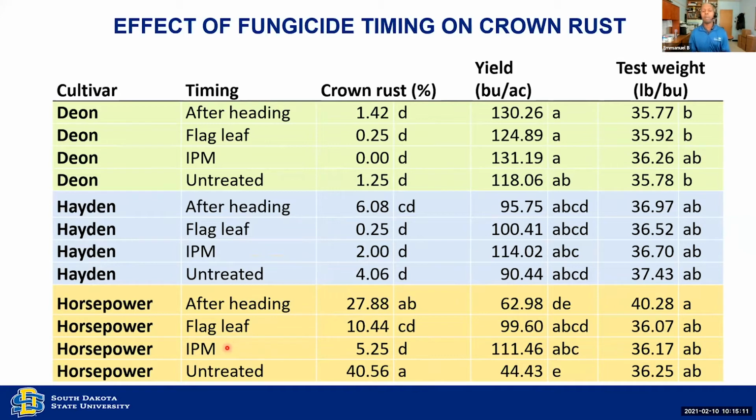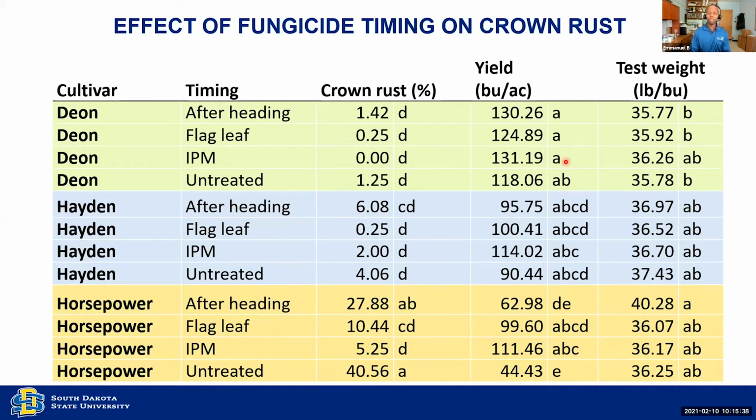IPM timing would be that time when we went in before the flag leaf timing and found enough disease pressure to warrant an early fungicide application. You can see here the response was pretty good, but not so far away from the flag leaf timing. After heading, of course, is getting quite late. And that's what I was saying, that if you delay too much, then you won't get as good protection.